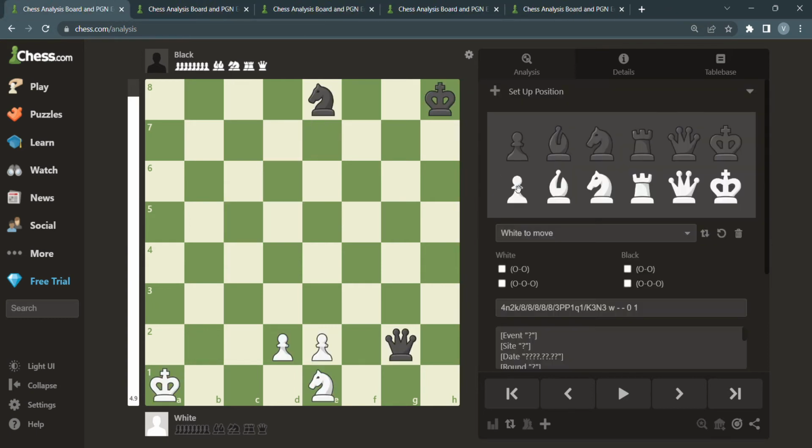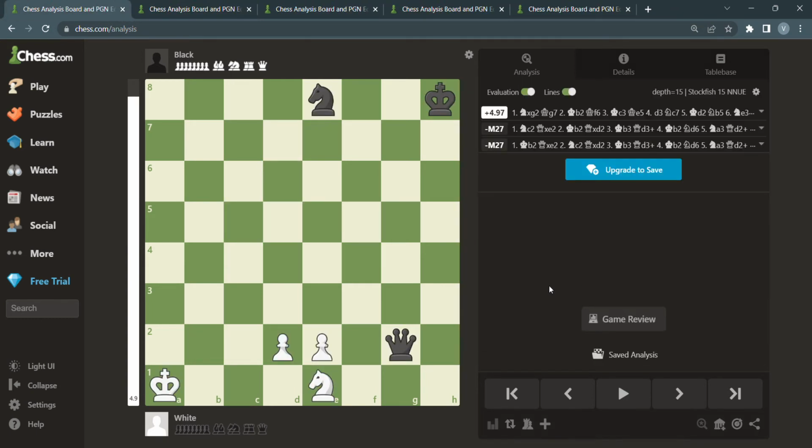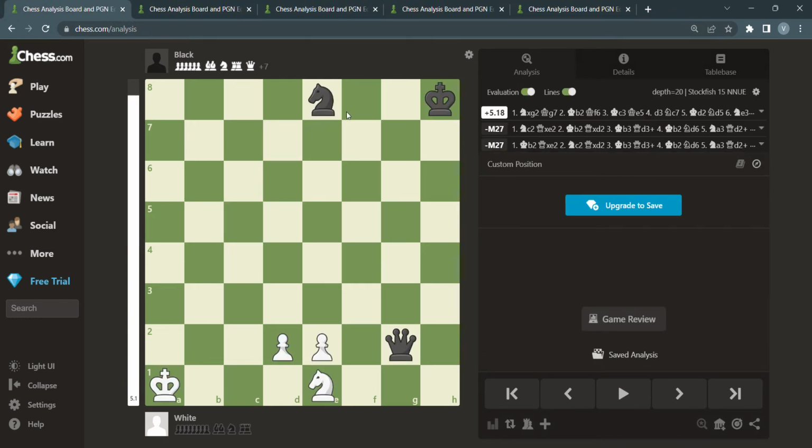Next position. Ignore this as I said. Okay, so you know how kings move? Yep. So knights. This is quite a confusing thing to say. Knights move in an L shape.